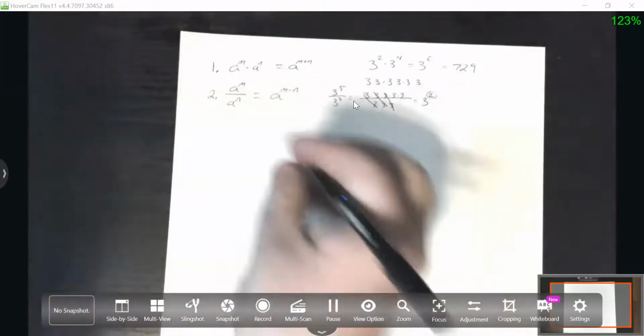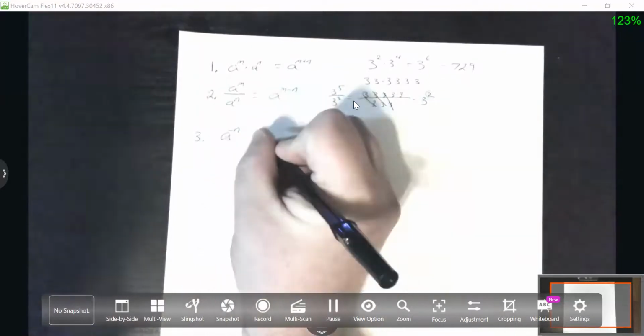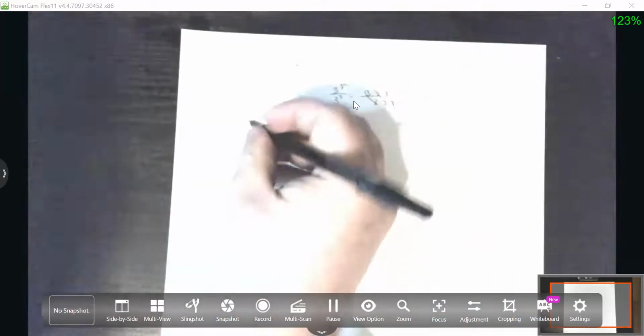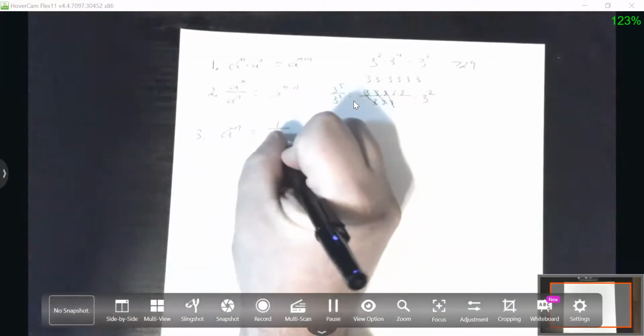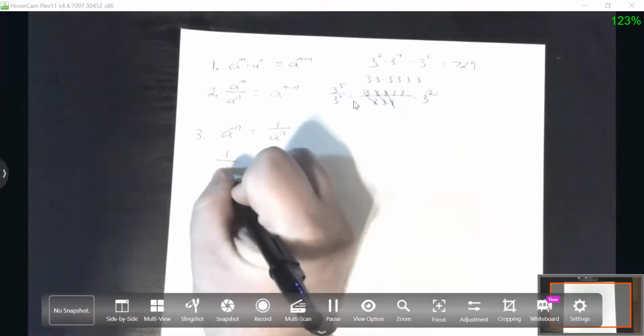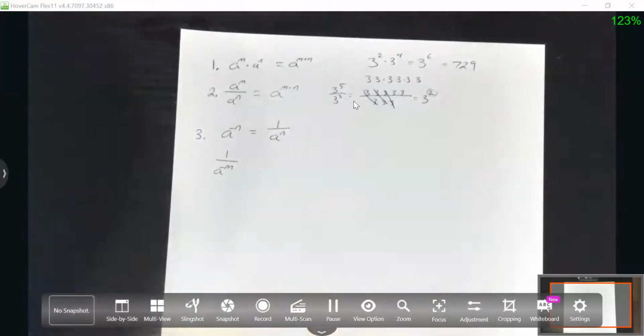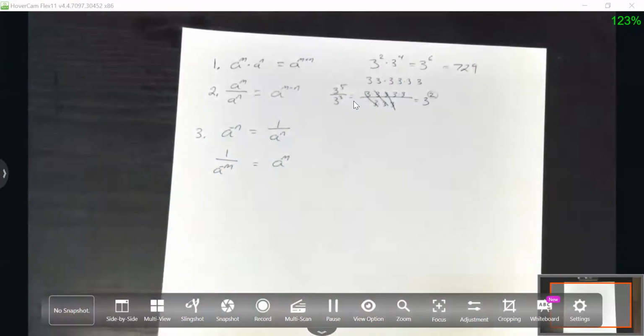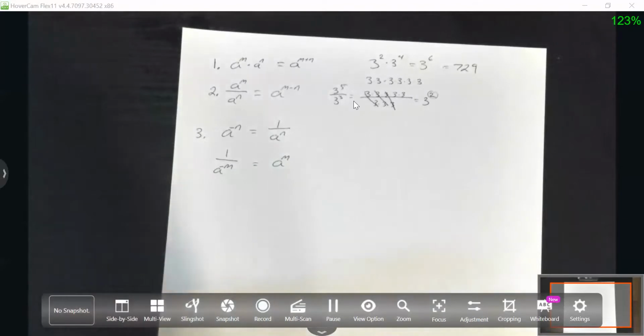Next rule, negative exponents. So this would be like a to the negative n. All a negative exponent does is move that term's location in a fraction. So if we had a to the negative n, that would become 1 over a to the n. If we had a negative exponent in the bottom, then that would move it up to the top. So again, all a negative exponent does is move it around, and it only moves that particular term.